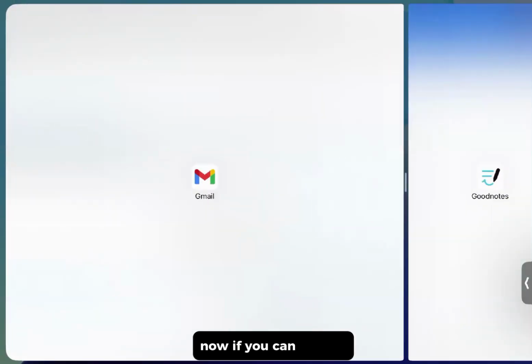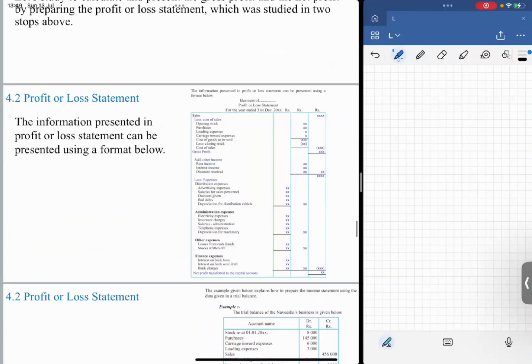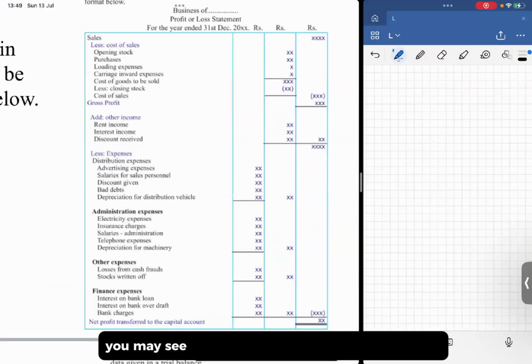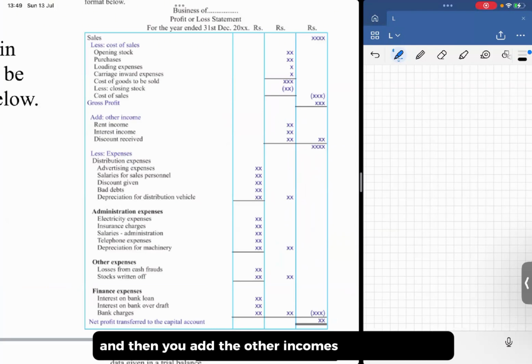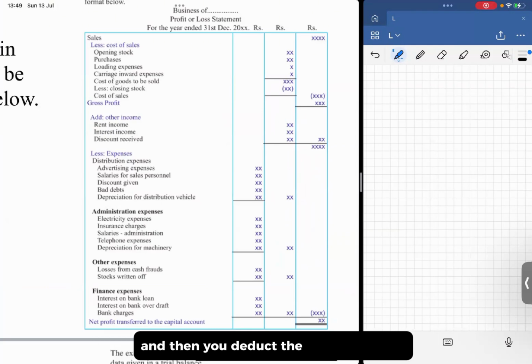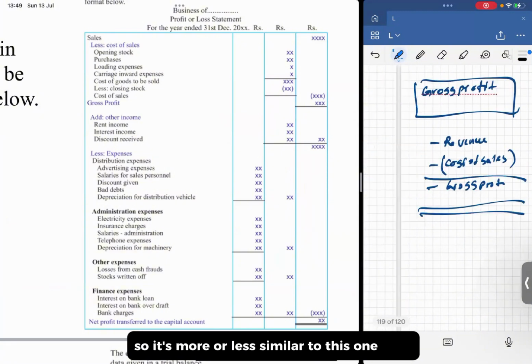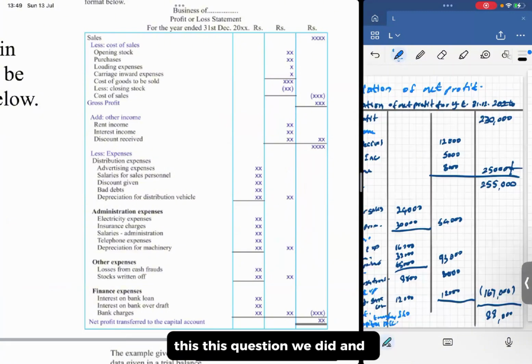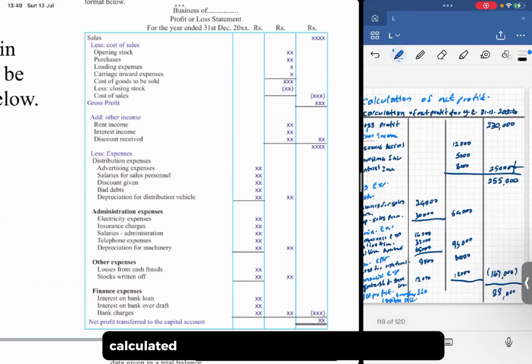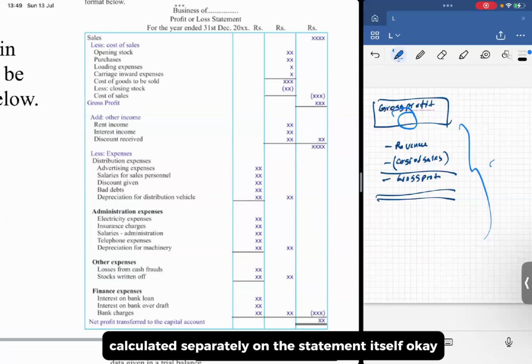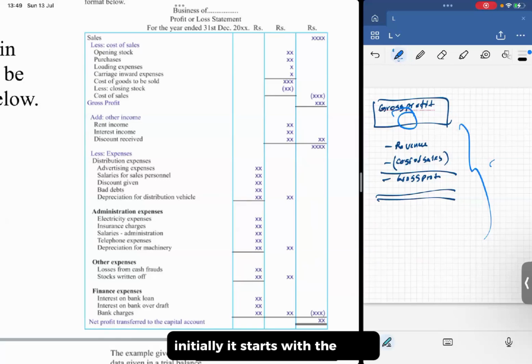Here it starts with the gross profit: sales minus cost of sales arrives at gross profit, then you add the other incomes and deduct the other expenses. So it's more or less similar to the question we did, and as I explained earlier, this gross profit part is calculated separately on the statement itself. Initially it starts with the sales and then moves on to cost of sales.